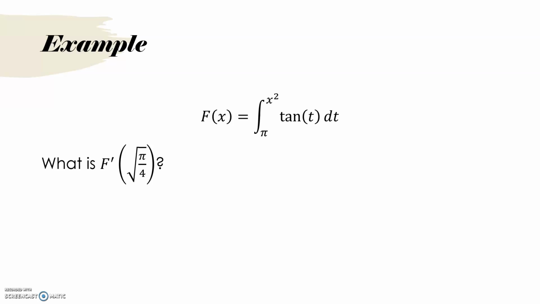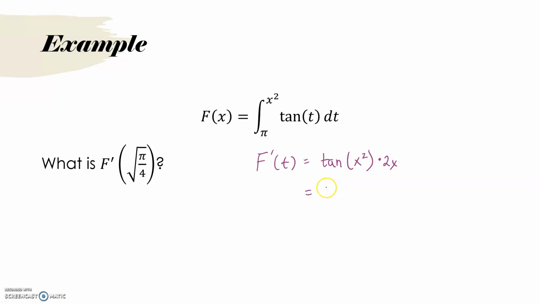Last one, and you can try this on your own and then unpause to see the final answer. All right, so f prime would be tangent of leave the baby alone times the derivative of the baby, and now we're going to plug in our numbers.